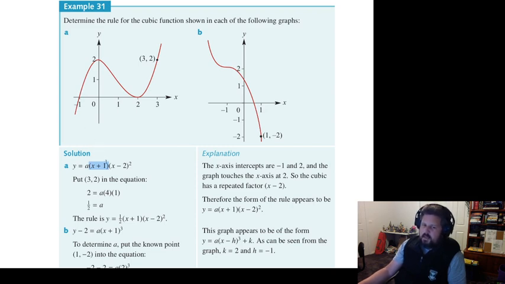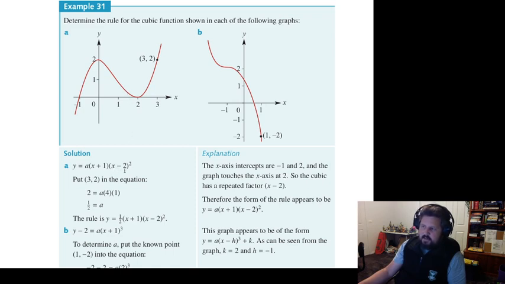When you have a factor that is squared, whoops, what am I doing here? We don't write out, okay, we've got a factor x take away 2, x take away 2. Well, you could do that, but you don't write them out twice. Generally, as mathematicians, we just say, okay, we've got x take away 2 squared. When you have a squared factor, it means it's not going to cut the x-axis at that particular point.